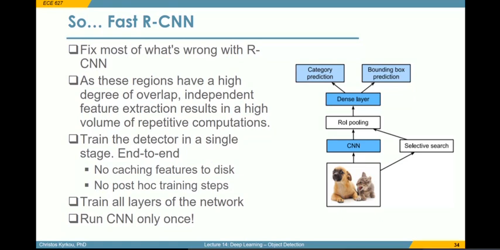And as you can see in this figure, the trainable parts now are the CNN that does the feature extraction, as well as the dense layers used for the classification. Notice, however, that the selective search, the region proposal step, is still there. And because it's there, now what we have to do is align the regions that are proposed by the selective search with the feature map that we get from the CNN.